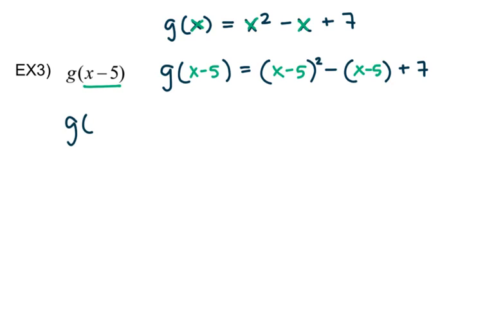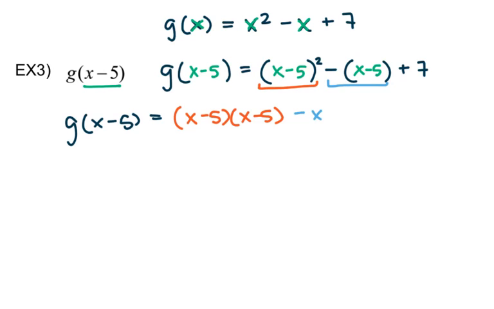Simplifying this, g of x minus 5, if we look at x minus 5 squared, that means x minus 5 times x minus 5, and I'll need to FOIL that. Minus x minus 5, that's the same as minus x. Distributing that negative, we have plus 5 and then plus 7.